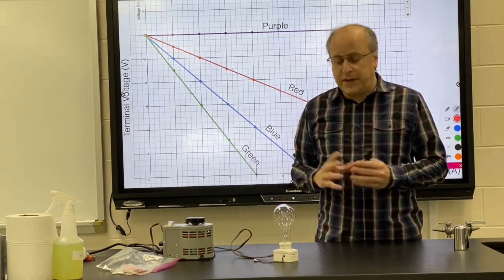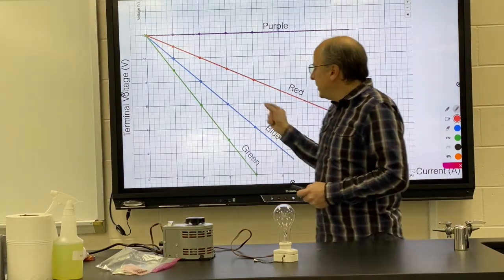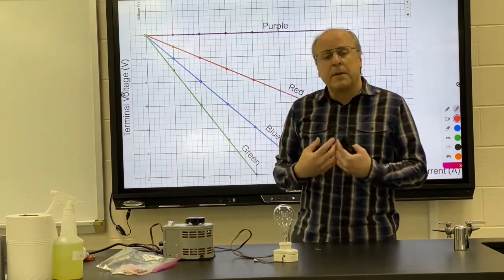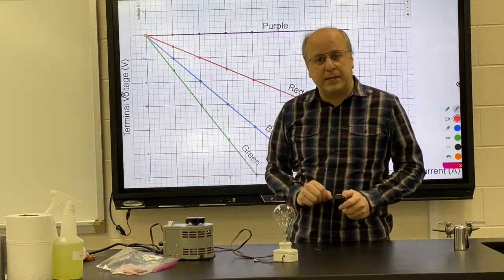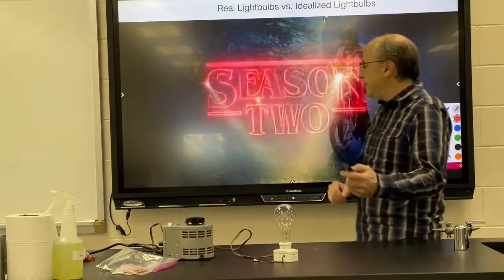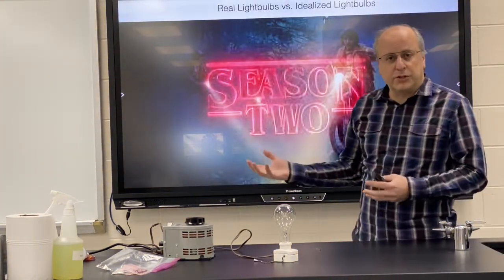Most times, in fact all times, batteries will not have a slope of 0, but if we're measuring small currents, milliamps, microamps, we can assume that there's not going to be any change in voltage to the battery. Okay, so today we'd like to look at season 2 of Stranger Things.